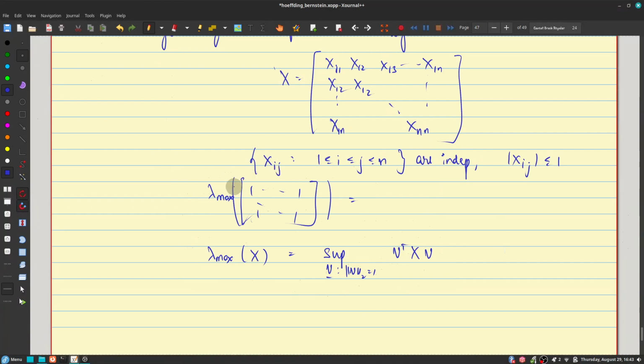Okay. So going back, suppose I take the all ones matrix. What is the largest eigenvalue? So you agree that n is an eigenvalue, right? What would be the remaining eigenvalues of this matrix?